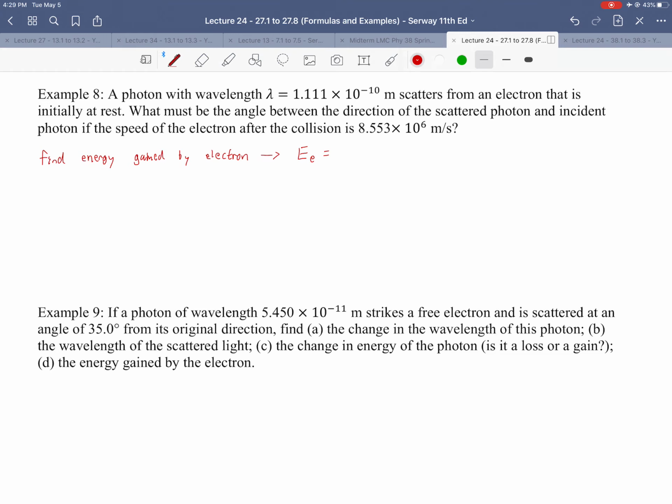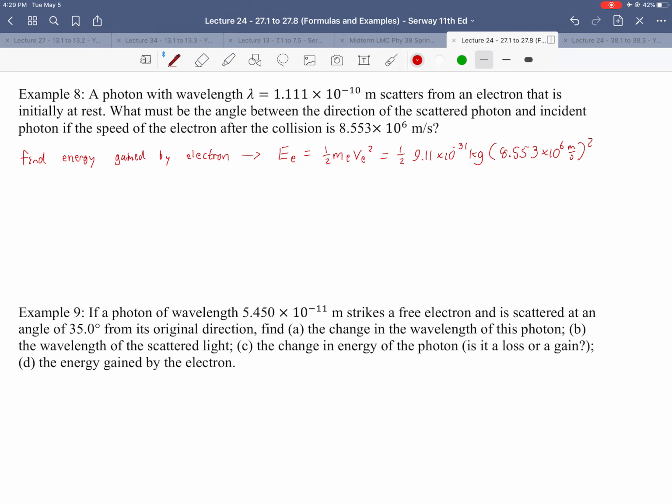That's going to be E for electron: 1/2 the mass of the electron times the final velocity of the electron squared. So 1/2 times 9.11 times 10 to the negative 31 kilograms, that's the mass of the electron, and the velocity that we're given. That's going to give us 3.3 times 10 to the negative 17 joules.